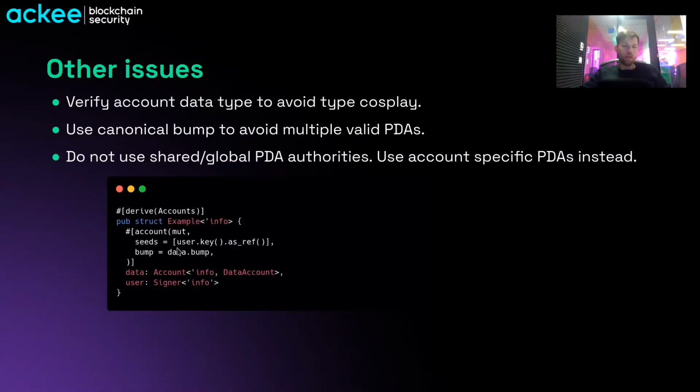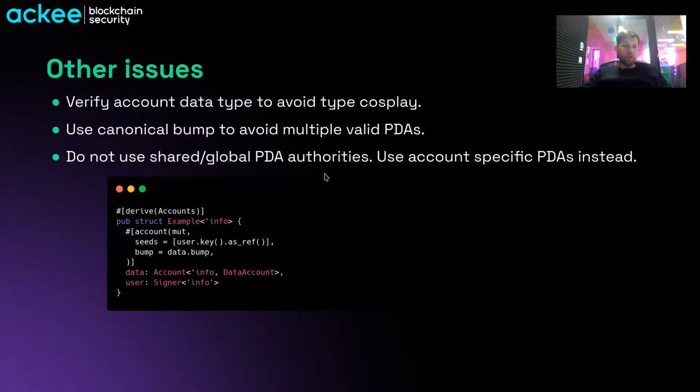Or, as you can see here, you can use the bump that you have stored previously during the initialization. So here the data.bump refers to a bump value that is actually saved in your data account. But you should never let the user choose an arbitrary bump.